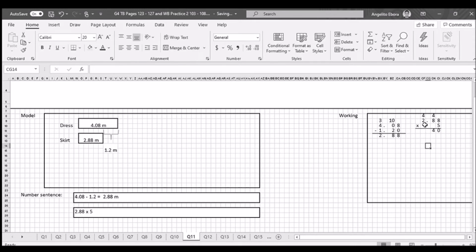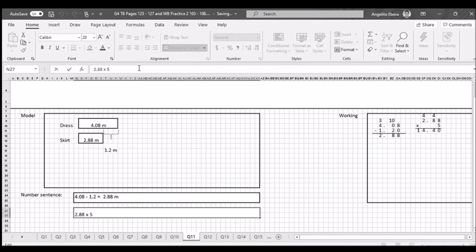So 5 times 2 is 10 plus 4 is 14. Don't forget the decimal. So 14.4 or 14.40. 14.4 meters.